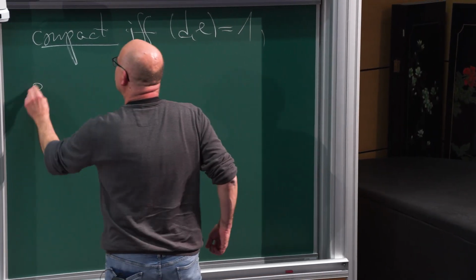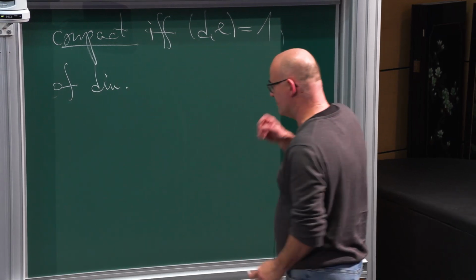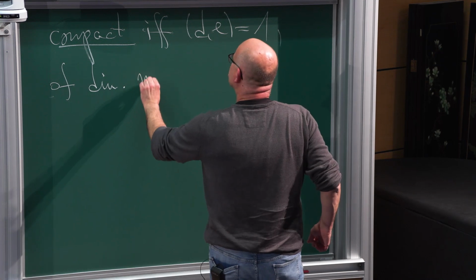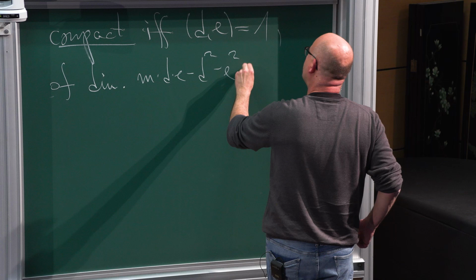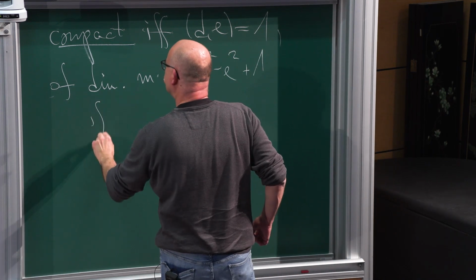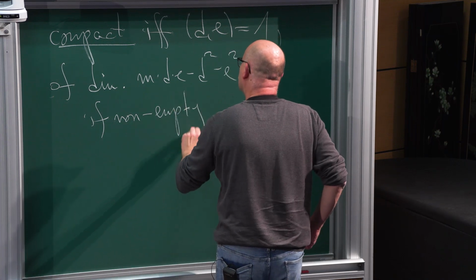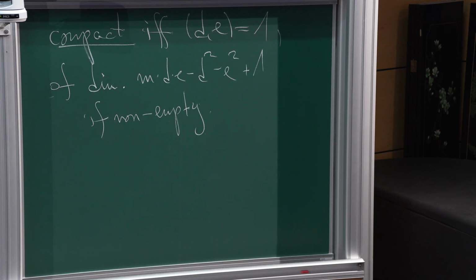Now I have to tell you about the dimension of this thing. The dimension is m times d times e minus d squared minus e squared plus 1, if non-empty. So this "if non-empty" sounds a bit suspicious. Hopefully we can say when the space is non-empty.